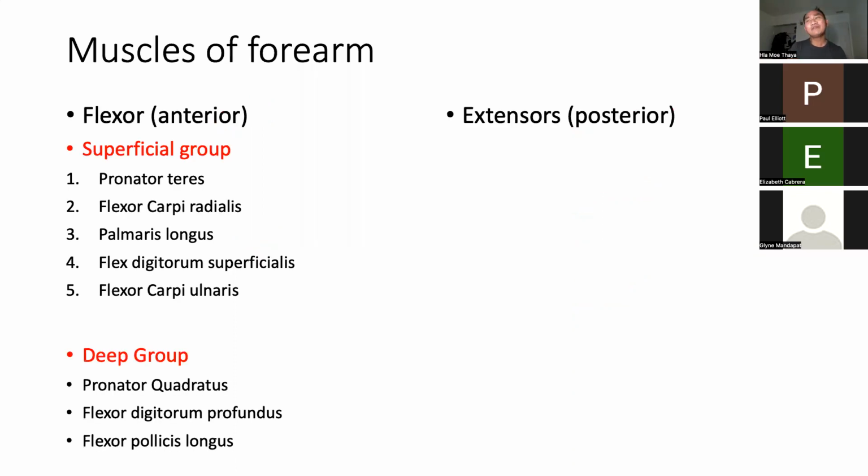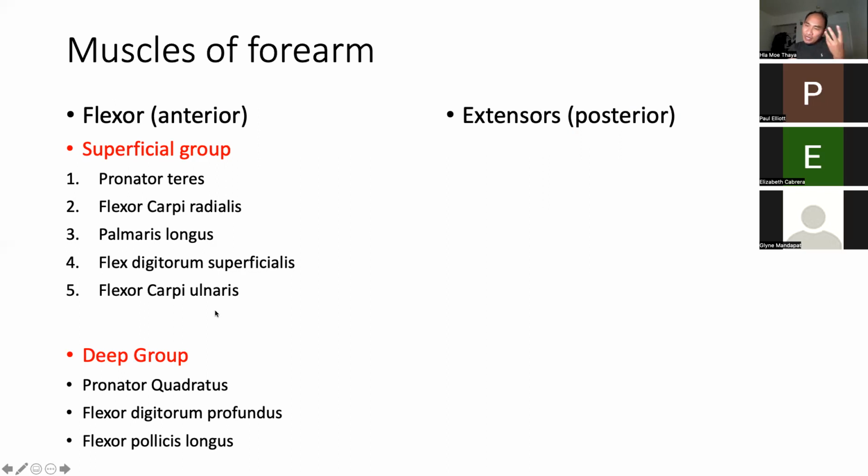So let's go back here. Now we have talked about the muscles of the forearm. On the flexor aspect, we have only two muscle groups, superficial group and deep group. Superficial muscle group: pronator teres, flexor carpi radialis, palmaris longus, flexor digitorum superficialis, and flexor carpi ulnaris.